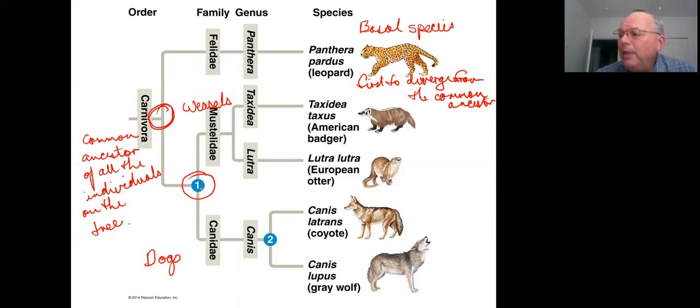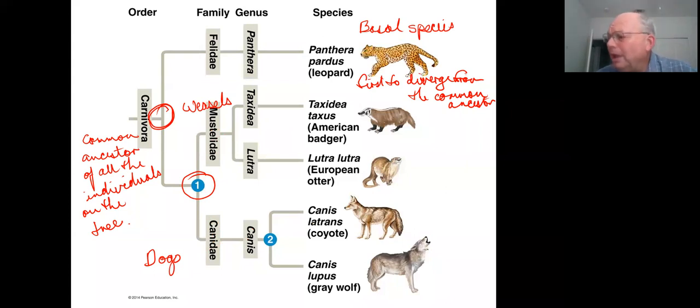And so they share a common ancestor with the panthers, but the panthers diverge from that common ancestor as a separate group, and the remaining group that diverged from the common ancestor then becomes the common ancestor of both the Mustelidae and the Canidae, sitting here at position 1. So then we have one line diverging to give the Mustelidae, diverging from the common ancestor with the Canidae. And then we have the other branch leading to the Canidae, representing the other diverging group.